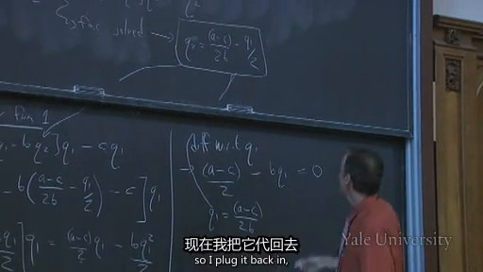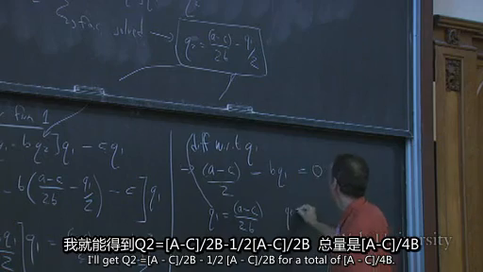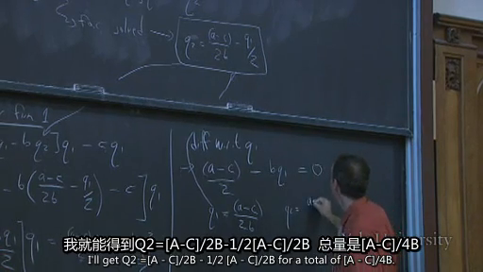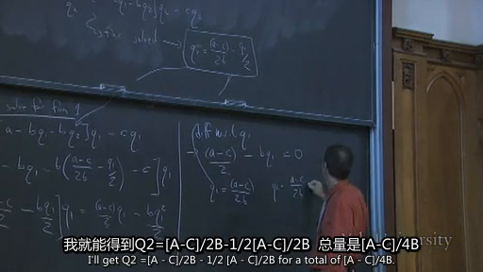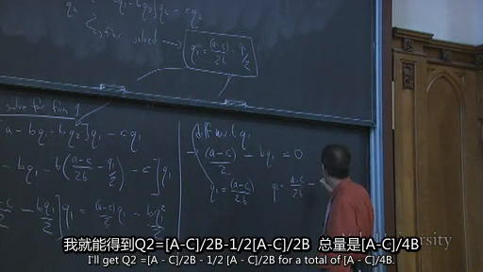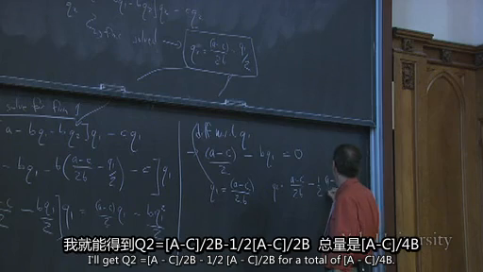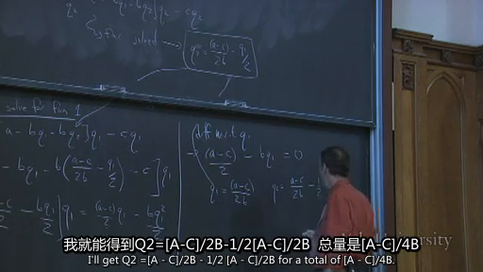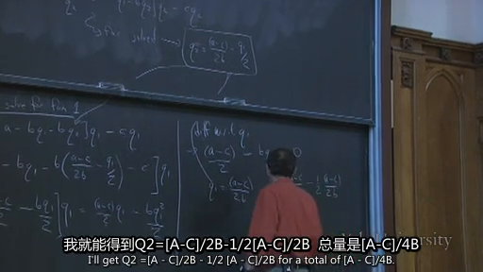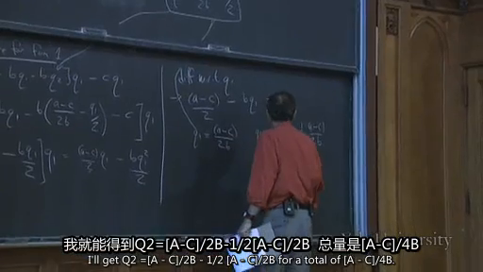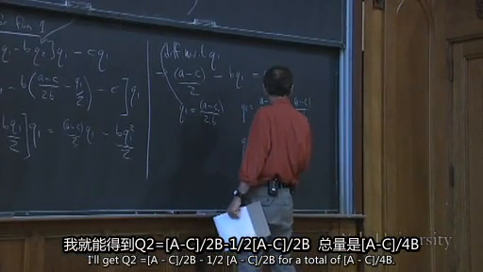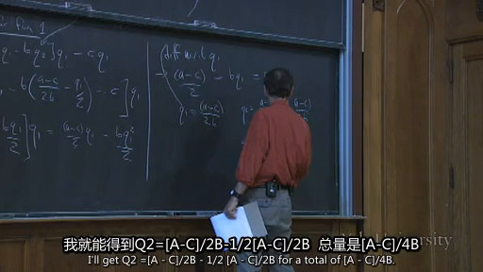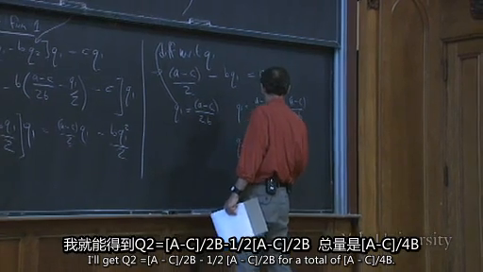So if I plug it back in, I'll get Q2 is equal to (A minus C) over 2b minus a half of (A minus C) over 2b, for a total of (A minus C) over 4b.